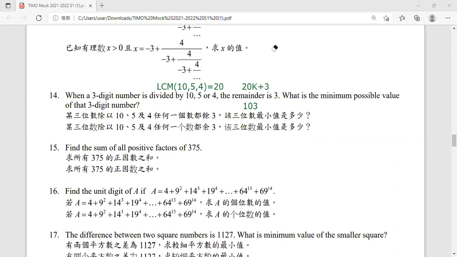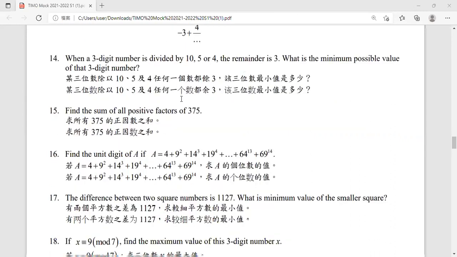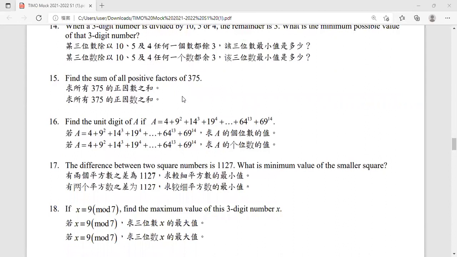Okay, question 15. Sum of all positive factors. Now, we have a good way to do it. First, please do the prime factorization. Please do this one.